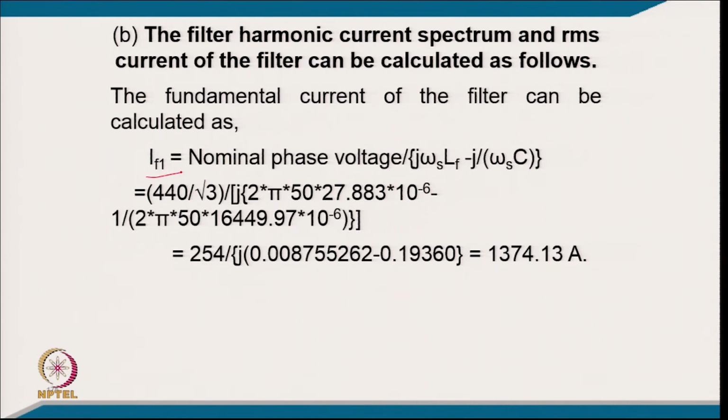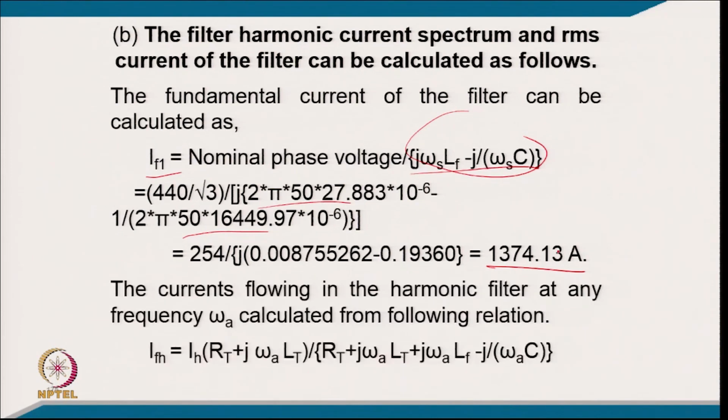So, the filter fundamental current will be the nominal voltage divided by the impedance of the filter at fundamental frequency. So, this typically comes to the order of 1374.13, that is the fundamental current going into this, which is mainly the capacitive current, because at fundamental frequency it behaves as a capacitor.